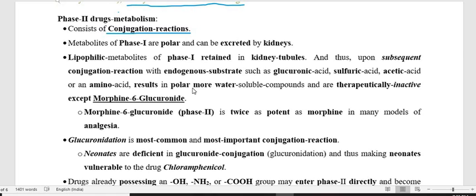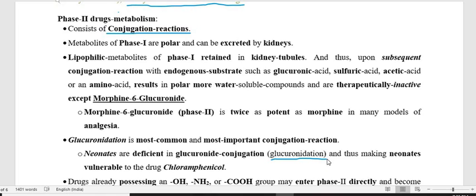Not only that, the majority of phase 2 metabolism enzymes are present in the cytosol. However, the enzyme of the glucuronide reaction, also called glucuronidation, is exceptional, a variation.